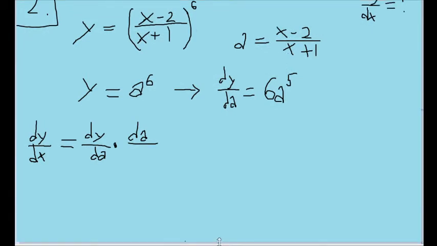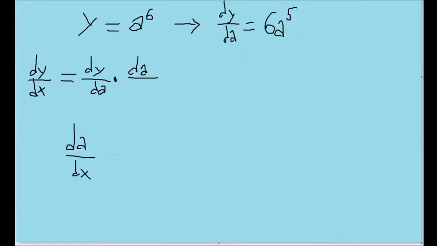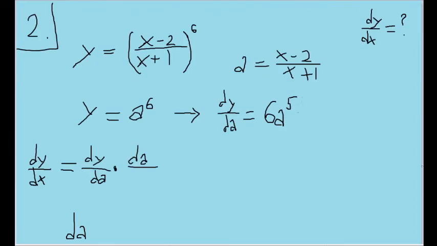So I'll give myself some more room here. Let's try taking the derivative of a with respect to x. Looking at our function for a here, we can see that we've got some x terms in the numerator and some x terms in the denominator. Since the variable we're differentiating with respect to is in both the numerator and the denominator, it looks like we're going to have to use the quotient rule.